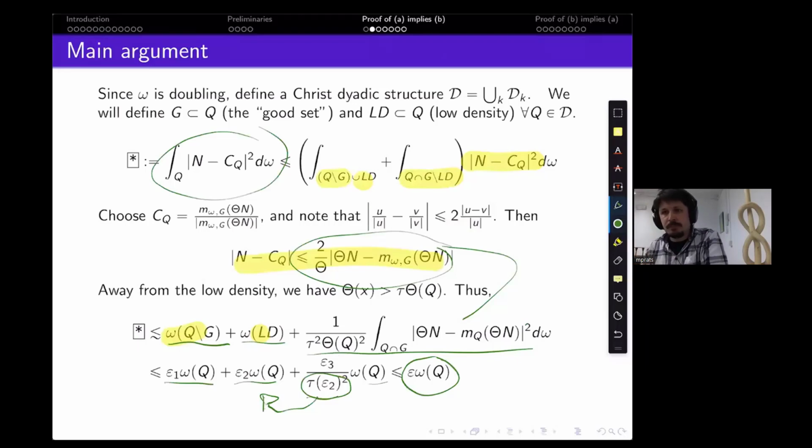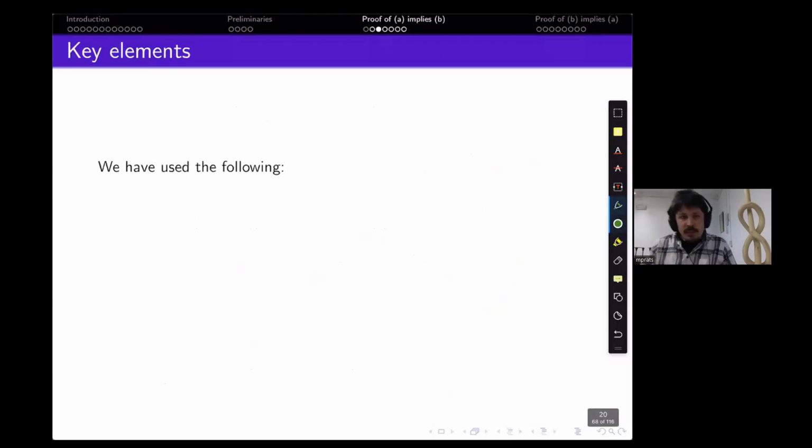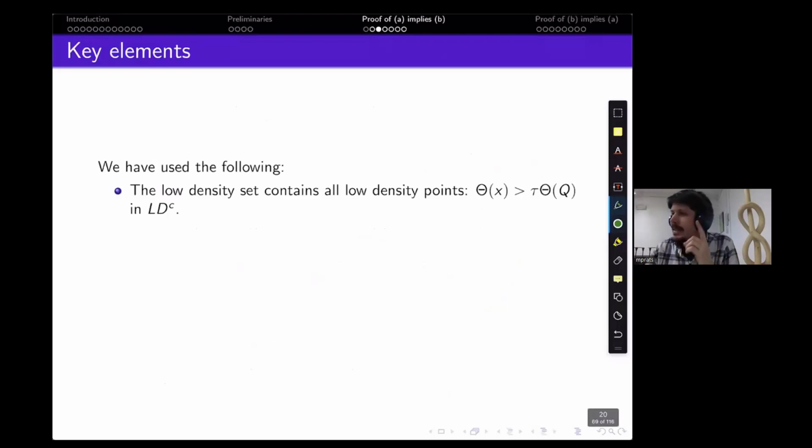This is the proof. Now there are some gaps that I haven't told you. Now I will explain some things about these gaps. Okay, what have we used here? Well, we need, of course, epsilon going to 0 uniformly on the length of the cube. What have we used here? We have used the following. First, the low density set contains all low density points.